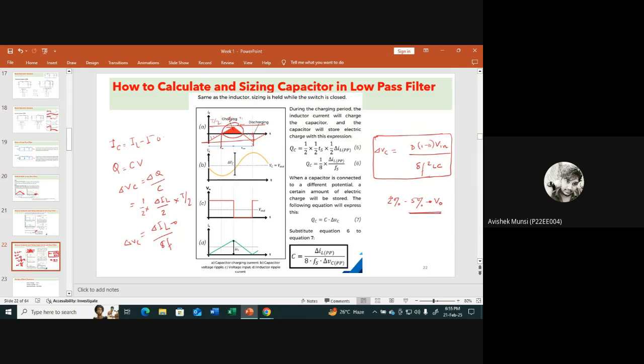This is the limit ideally considered for converter design, because they want only 2 to 5% of ripple, not more than that. So you can calculate in that way, or otherwise you can directly put the minimum of 2% or the maximum of 5%.